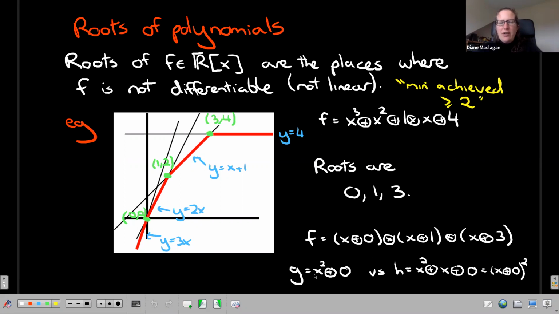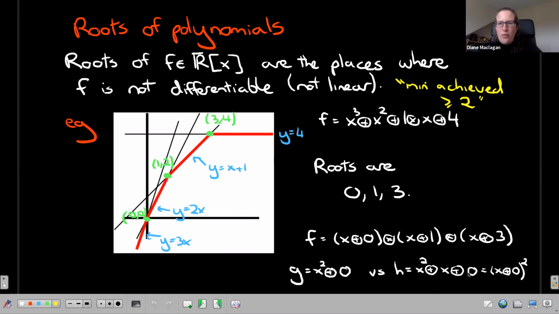The distinction here is that if I look at g and h as functions, g is the minimum of 2x and 0, whereas h is the minimum of 2x, x, and 0. h is x plus 0 squared, just as a polynomial. But as functions, these are the same, right? Because what function is it? It's the function that is 2x if x is negative and 0 if x is positive.